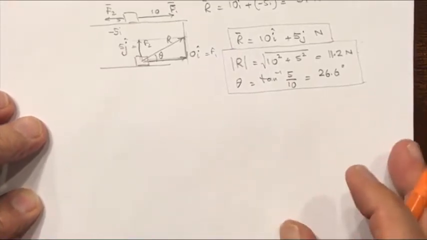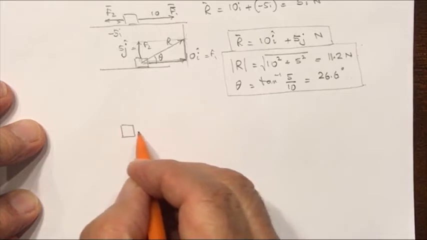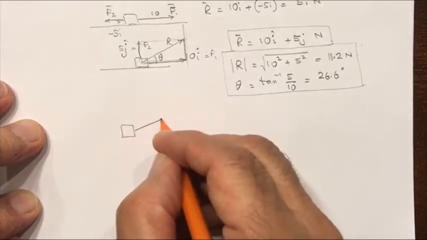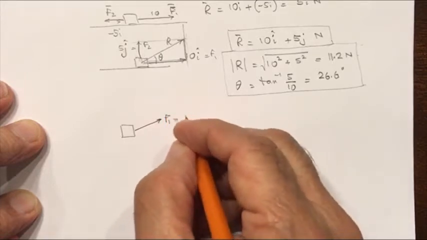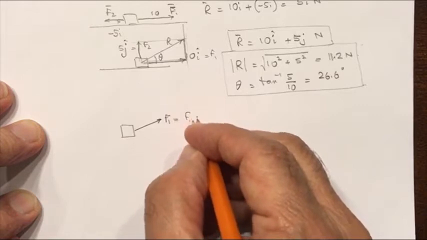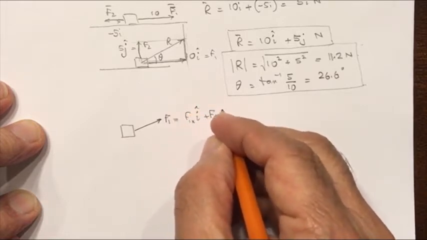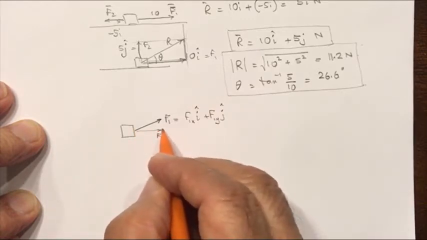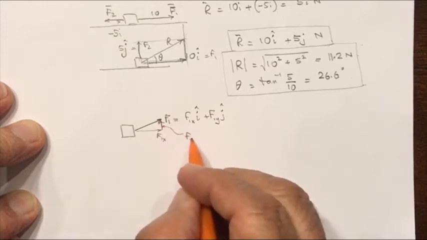Now, we've done vectors, but this would be like a short revision. So if you have F1 in, for example, this direction, which would be written as F1x component in the i plus F1y in the j. So this would be F1x, and this would be F1y.